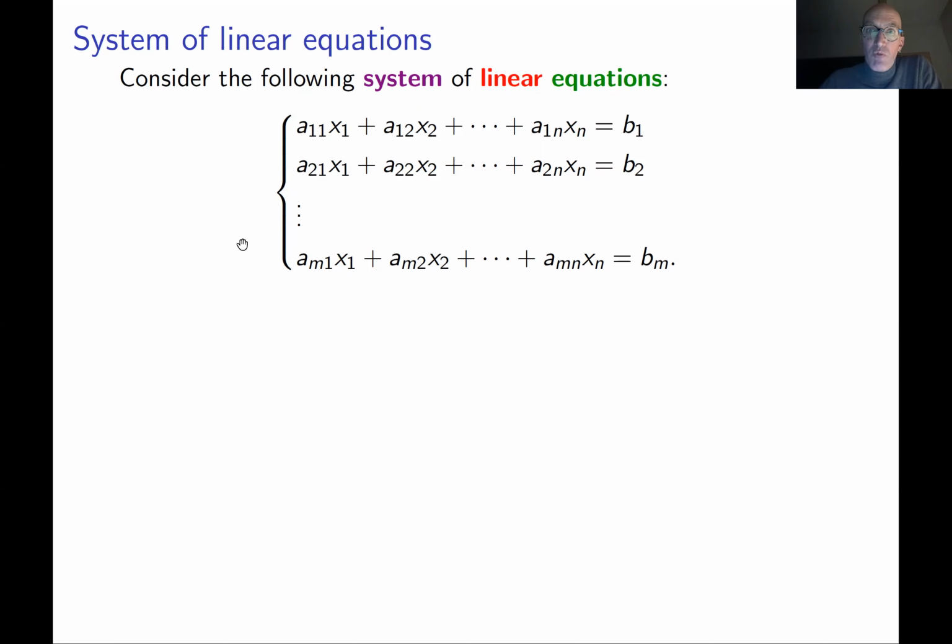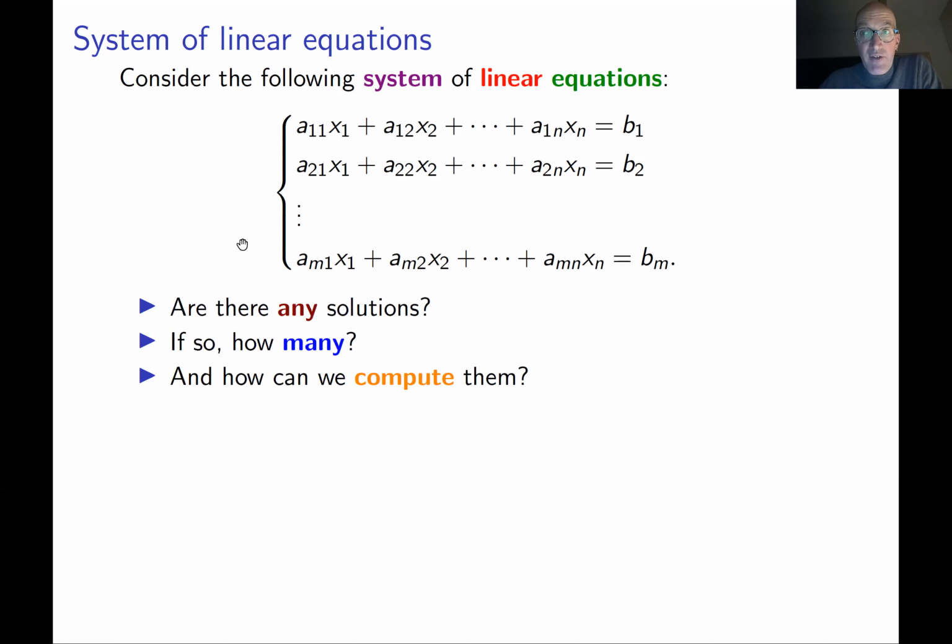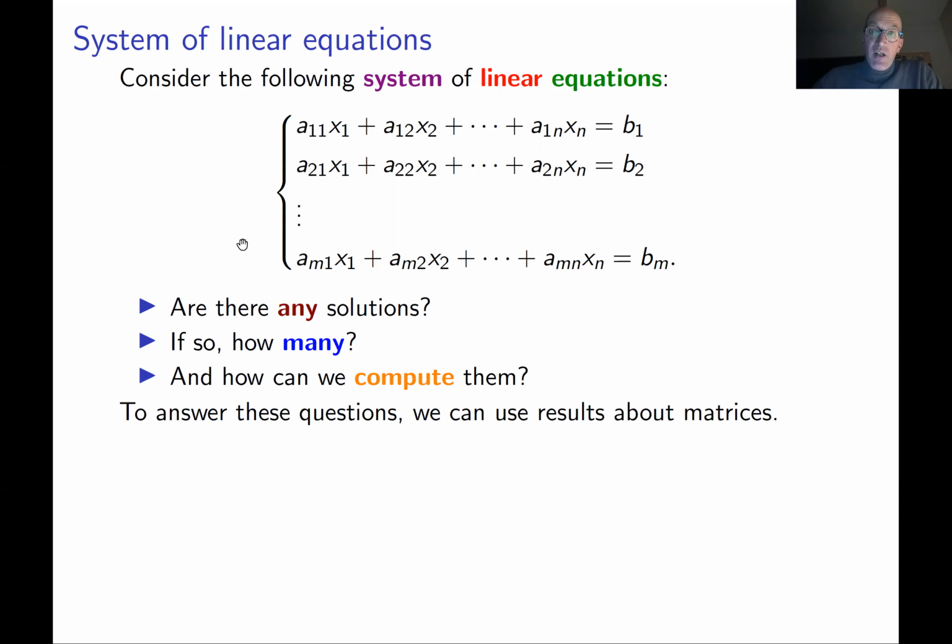Once you see such a system of linear equations, you can ask 3 important questions. Are there solutions? If we have a solution, then how many? And if we know how many, how to compute them? All these 3 questions will be addressed in this part of the lecture.